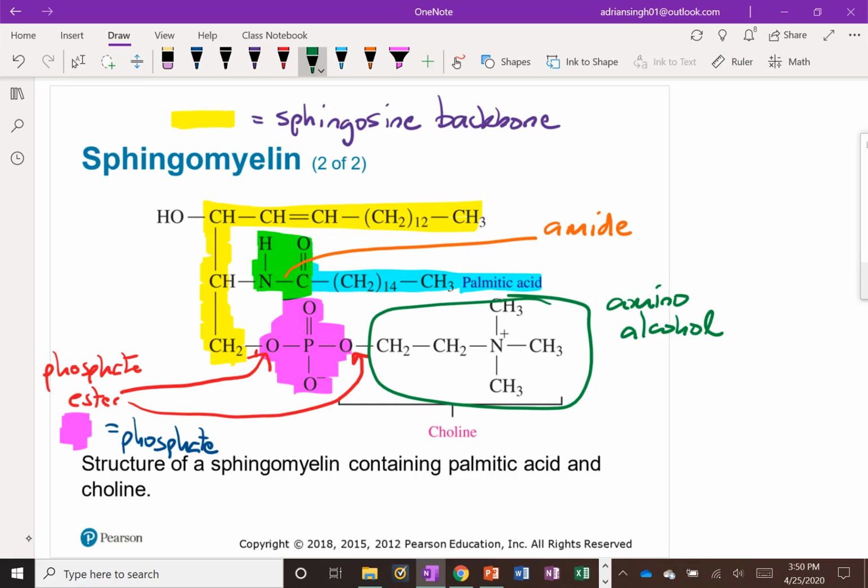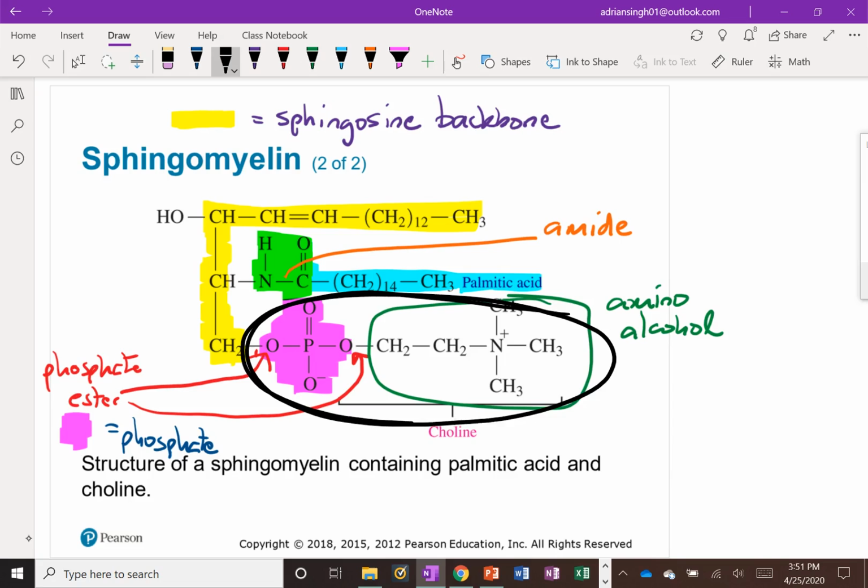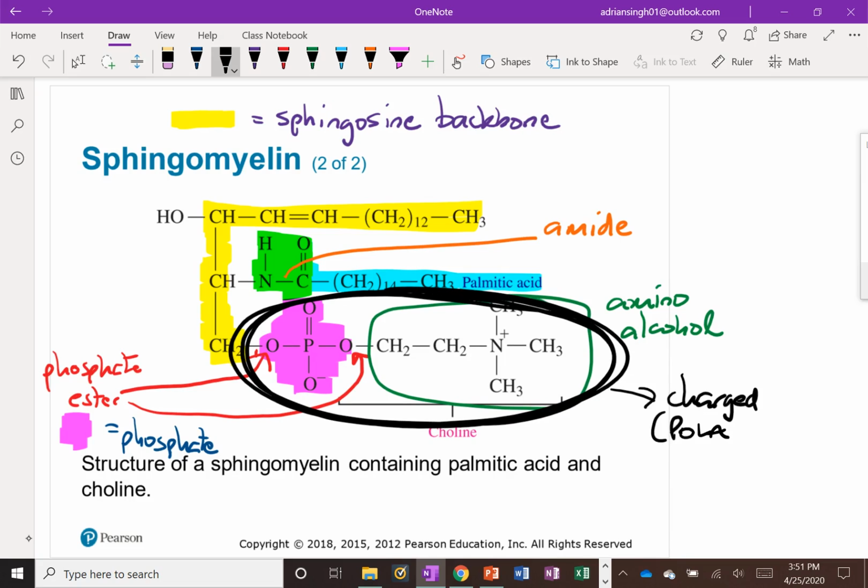Again, what you will see is that the region here that I'm going to circle in black is charged, that it's a highly polar head, and then the remaining part of the molecule is going to be non-polar.